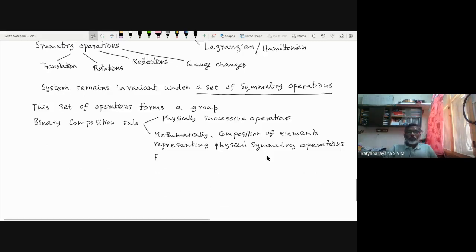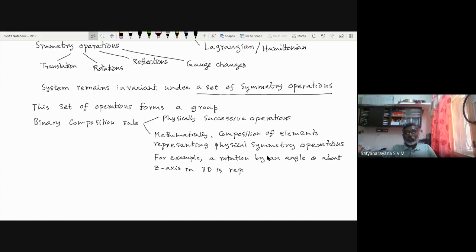For example, a rotation by an angle theta about, let's say, the z axis in 3 dimensions is represented by a matrix. Okay.